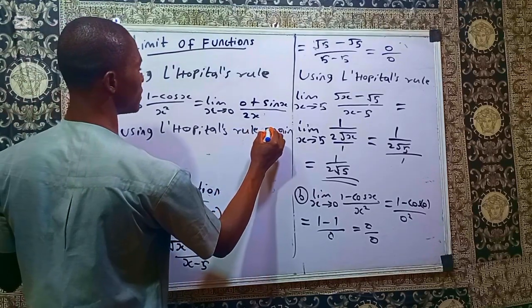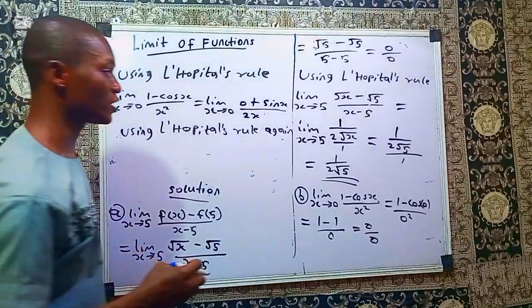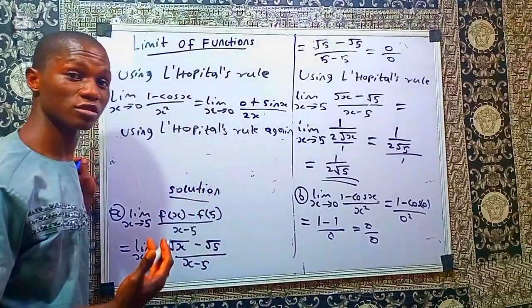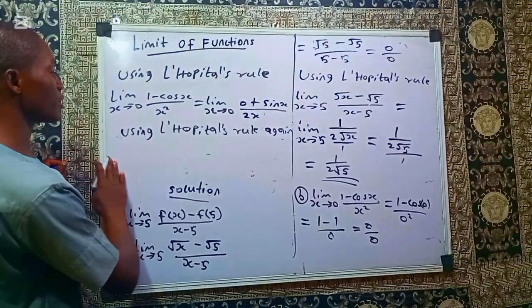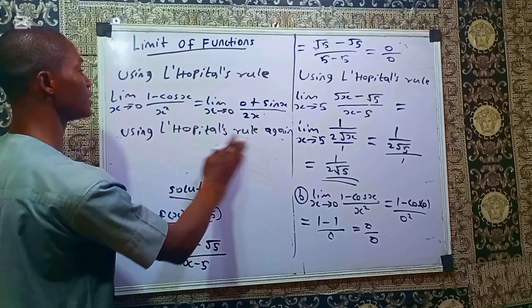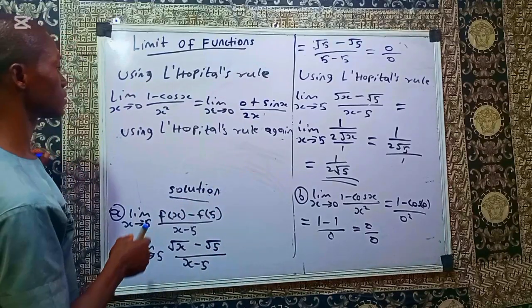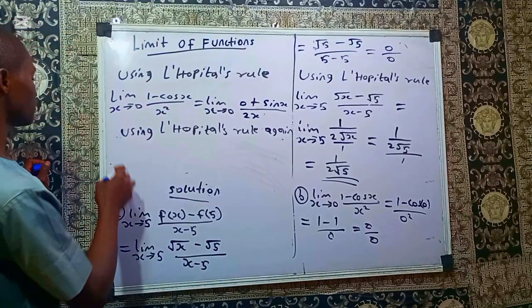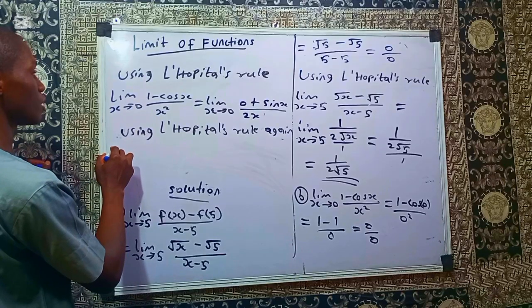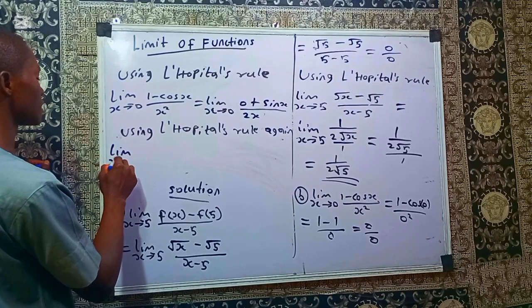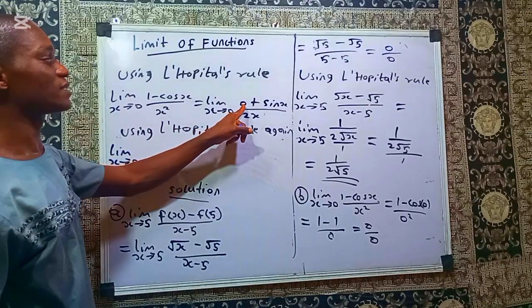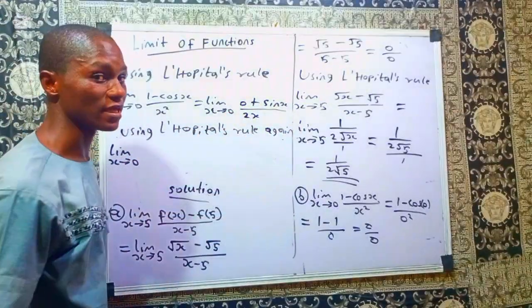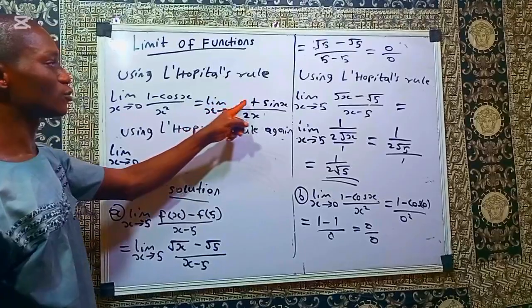So if you are solving a limit problem and you are still getting 0 over 0, you use L'Hospital's rule to resolve it till the final limit result is gotten. So what we have will be the limit as x goes to 0 of, then we know that 0 plus sine x is sine x, right? So by L'Hospital's rule, you differentiate the numerator.